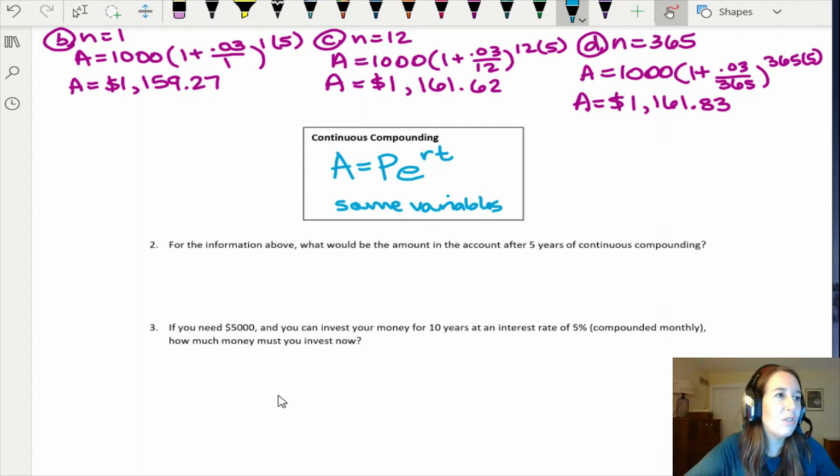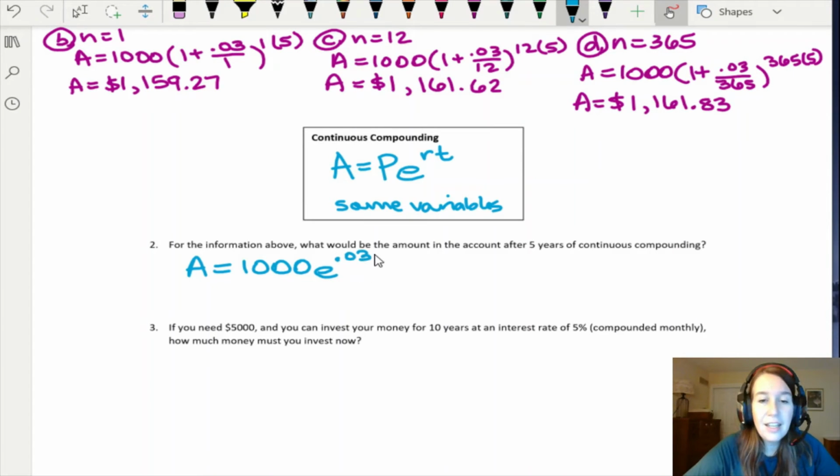So to finish that off, then, that same problem, the information above, we've been using it for several examples. To find if it was continuous compounding, we take our $1,000, multiply that by E, raised to the R, which was 0.03, times T, which is 5.